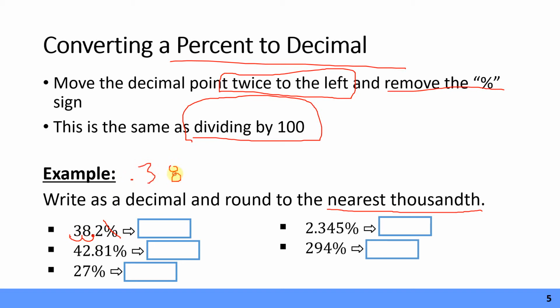And then we have to make sure we round according to the instructions. So it says to the nearest thousandth. So remember, this is your tenths, your hundredths, and your thousandths. There is nothing after the 2, so there's no rounding needed for this one. My final answer is just 0.382. Again, the decimal is here. We do like to put a number in the front.